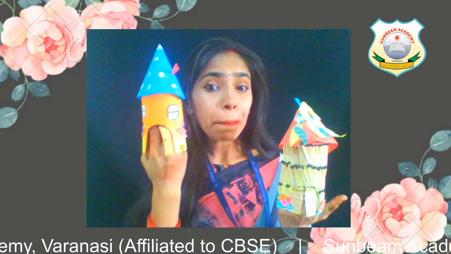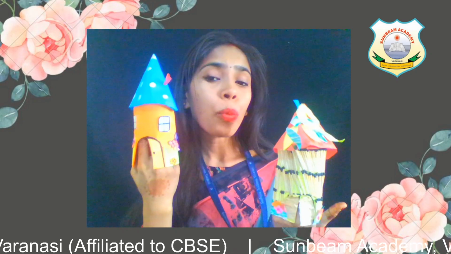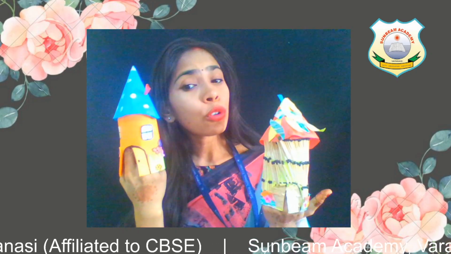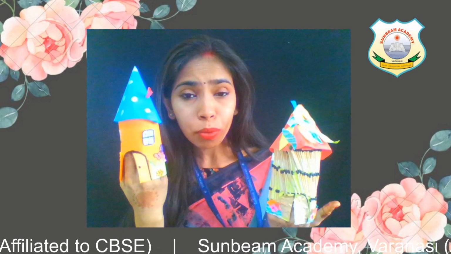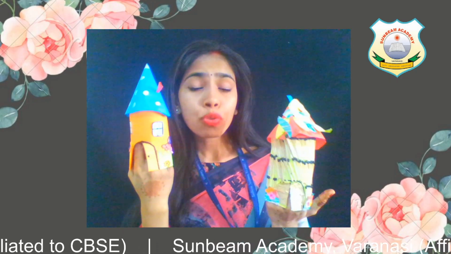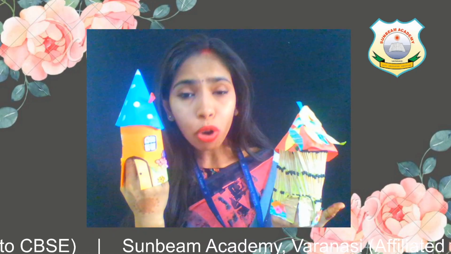But whereas the pakka houses are really very strong. Why? Because they last for long, right? They cannot be broken. Even strong winds cannot blow them. Even the rain cannot wash them.